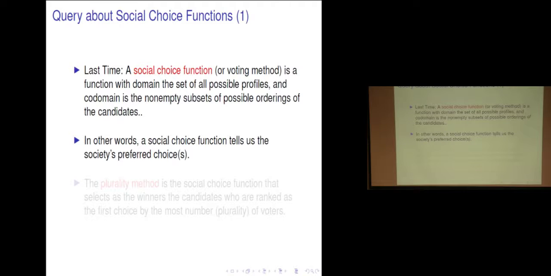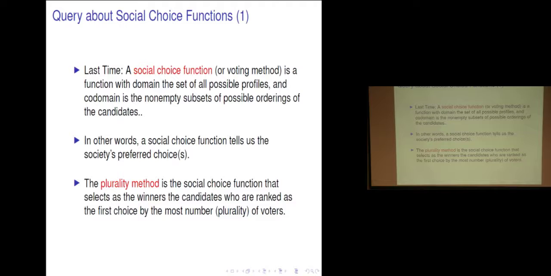A few slides later, I talked about the popularity method. In particular, we have one method that is like the simple majority, but here we have more candidates, so we call it the plurality method.